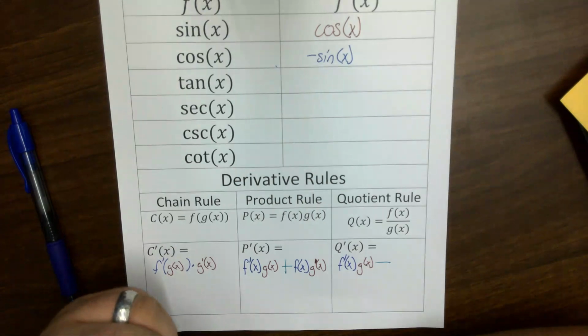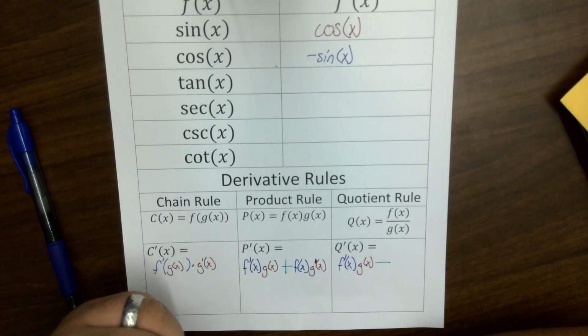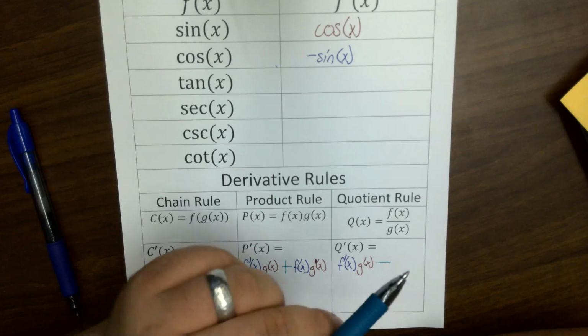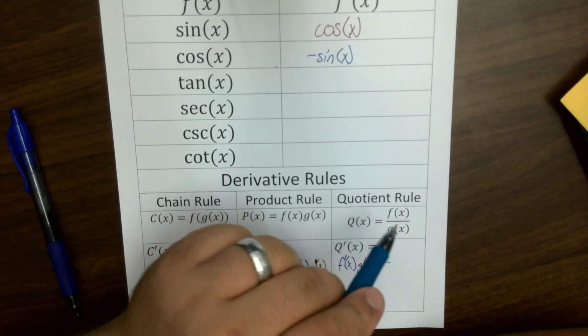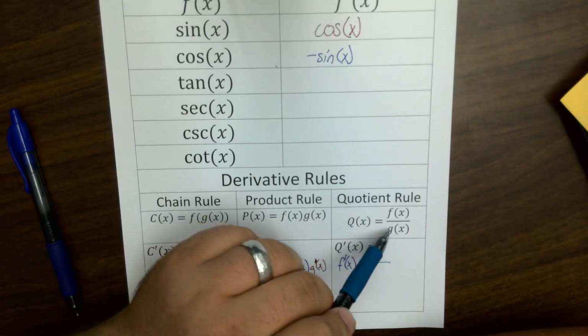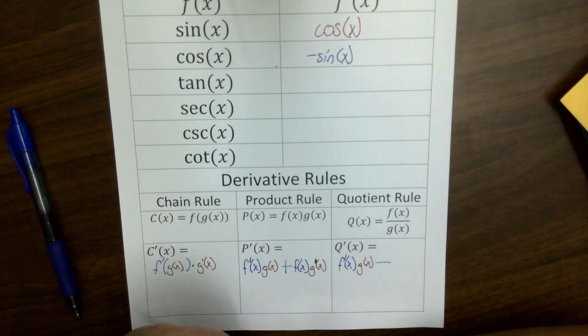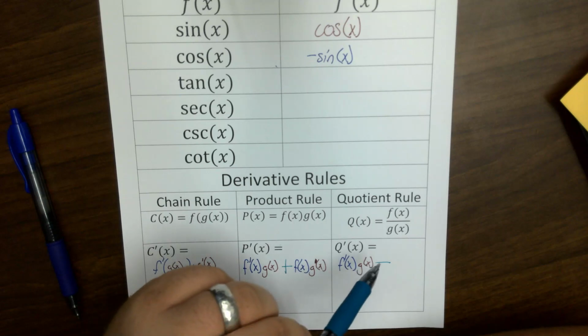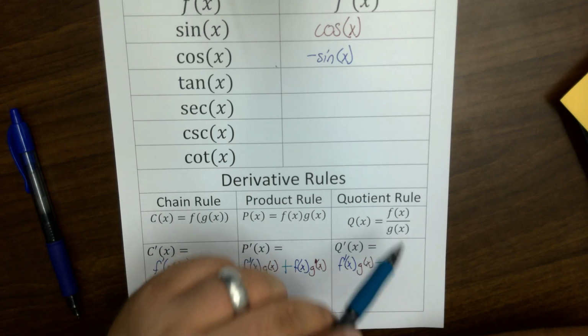And if you don't remember where the minus came from, do it again. Practice with chain rule and product rule. Do this and find the quotient rule. Big hint though, this is going to have a negative exponent when we move it upstairs. And when we take its derivative, that's where the negative comes from, the negative exponent.